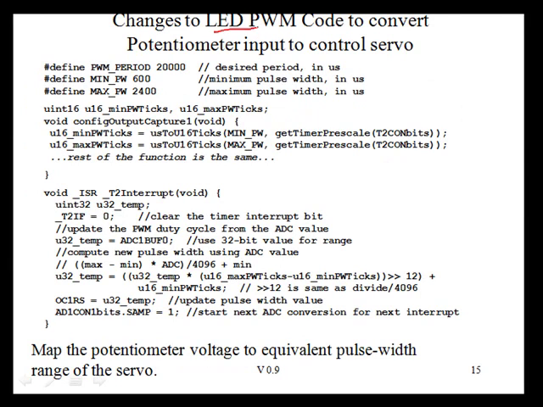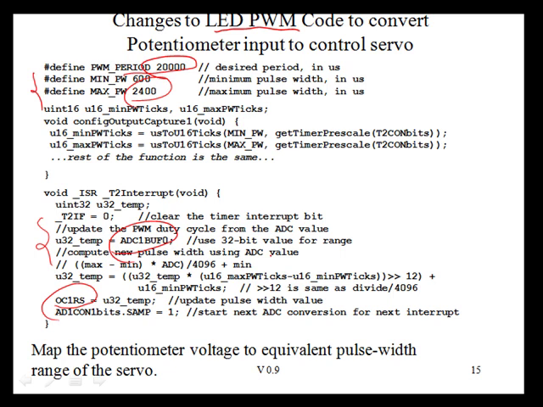With some fairly minor changes to the LED PWM code, we can convert that code to actually control the position of an analog servo. Our PWM period remains at 20 milliseconds, but now we have this min pulse width of 600 and max pulse width of 2400, and we're still going to read the ADC in the timer ISR, and we're still going to update the OC-RS register.